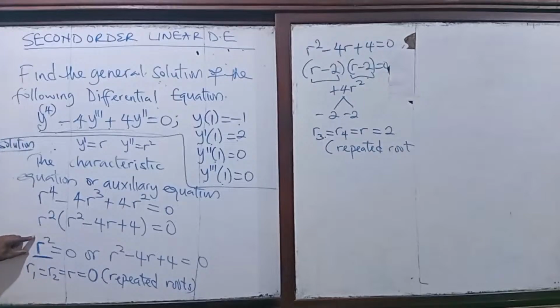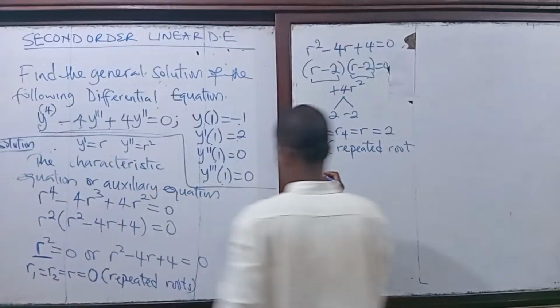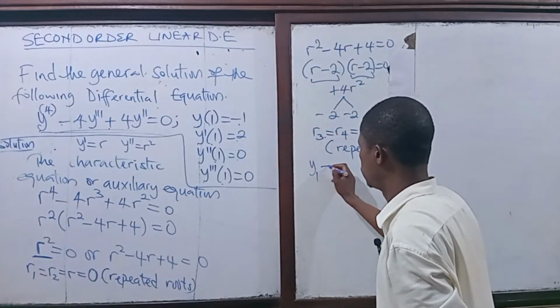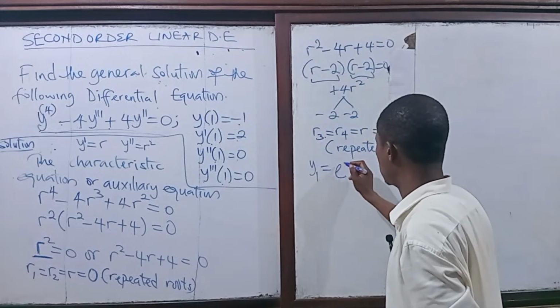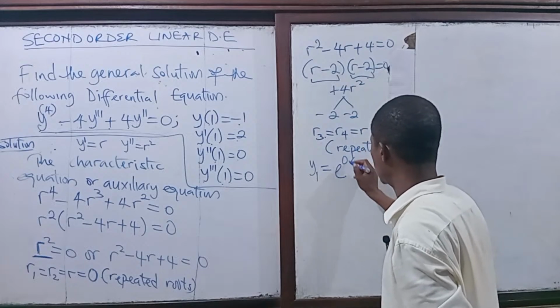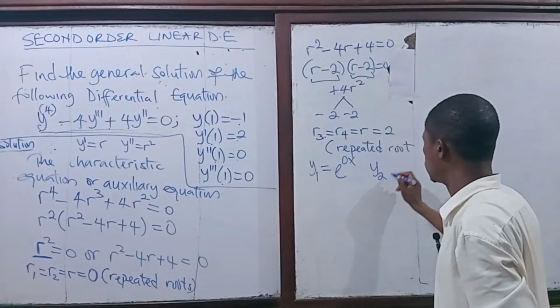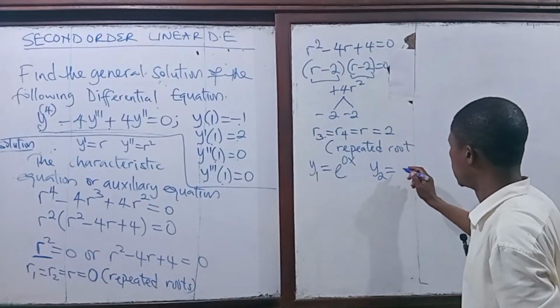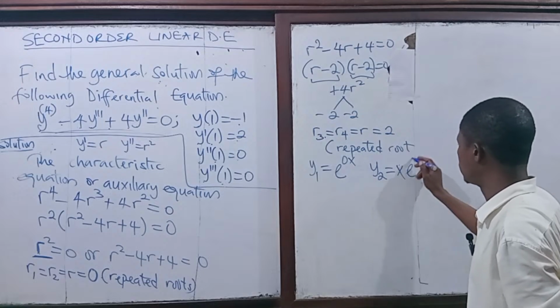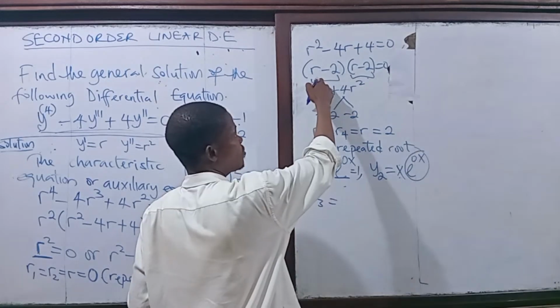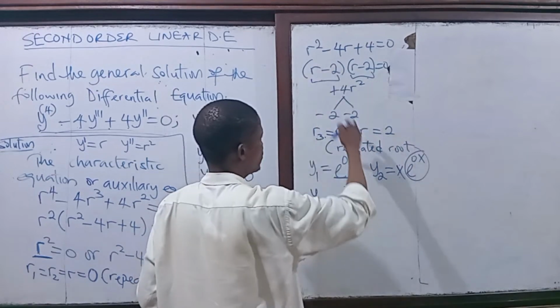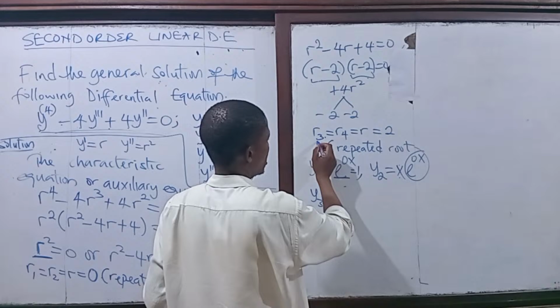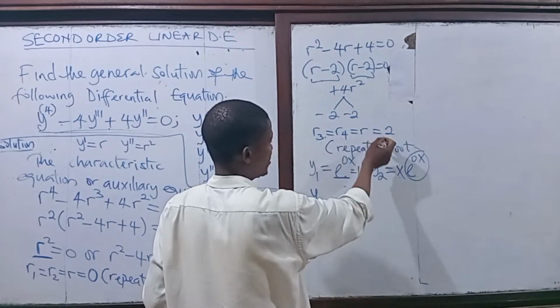So for r squared, we are going to have y1, which is equal to e to power 0x, and y2 is equal to x e to power 0x. For r minus 2, we have r equal to 2, and r3 and r4 are repeated roots.